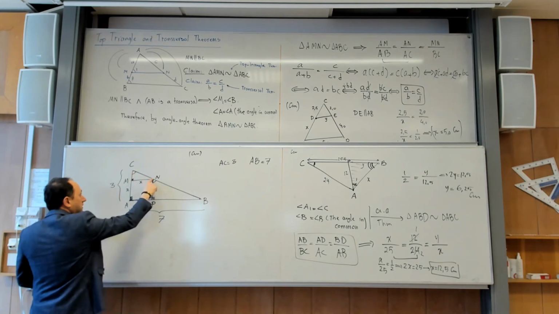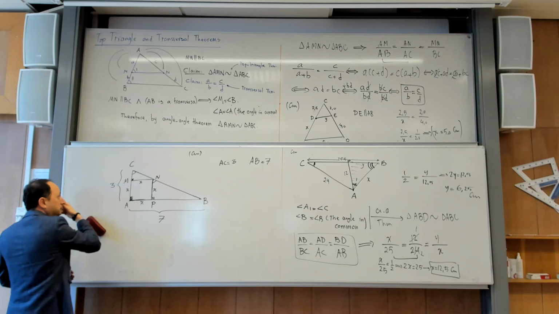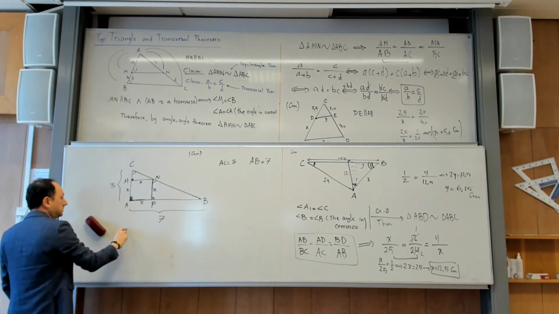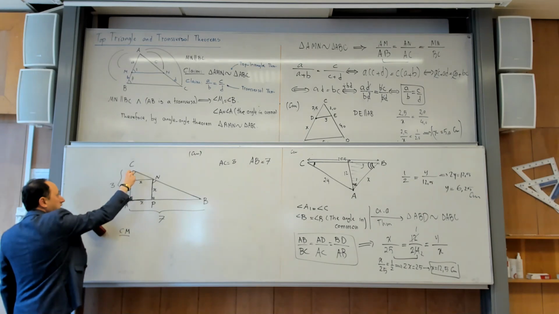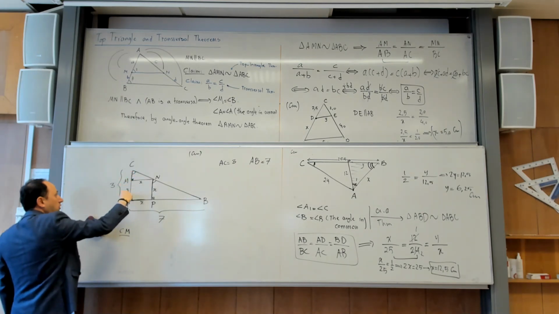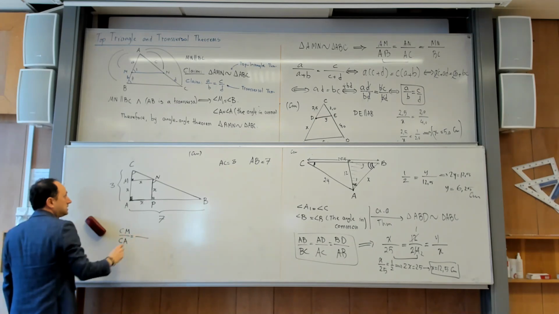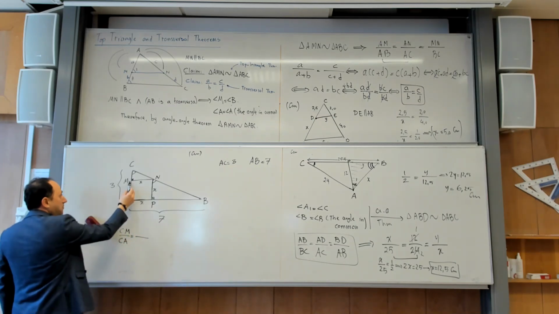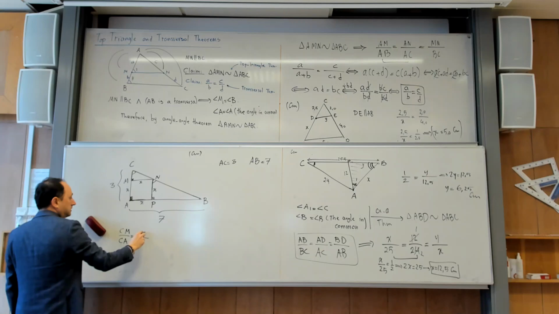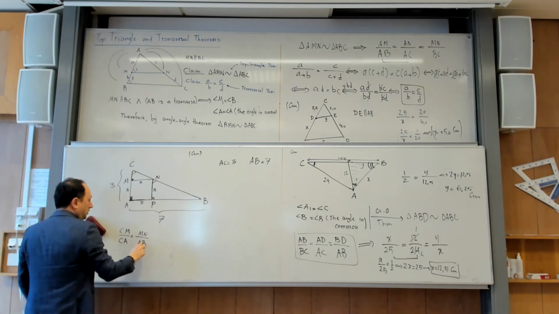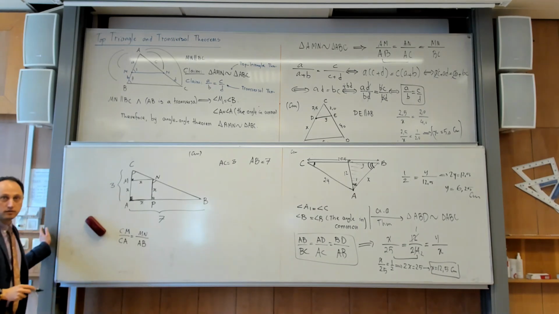Then what I can write is CM over the whole expression CA is equal to MN over AB. I want you to understand this is correct.